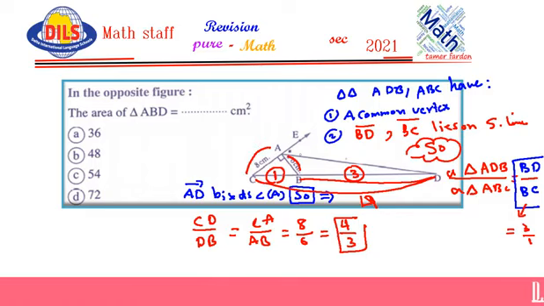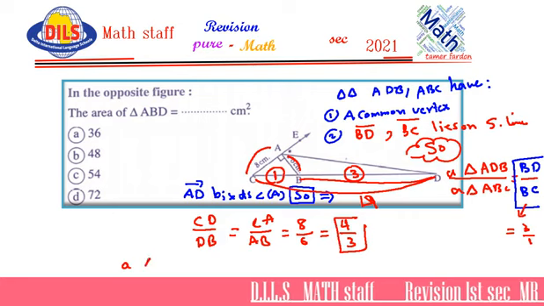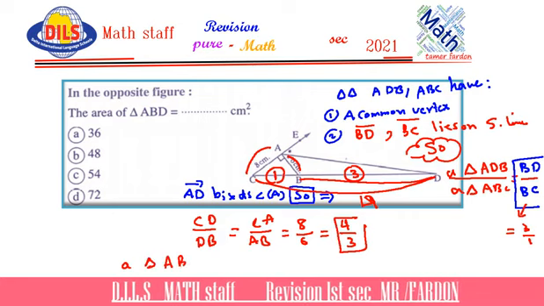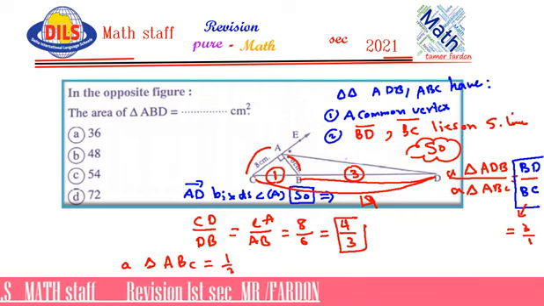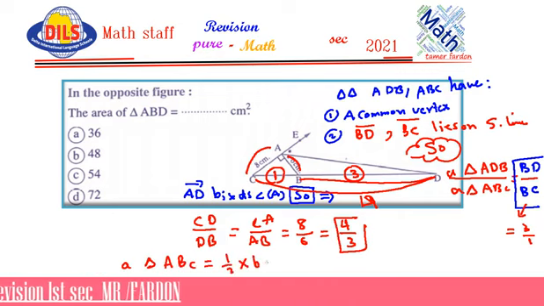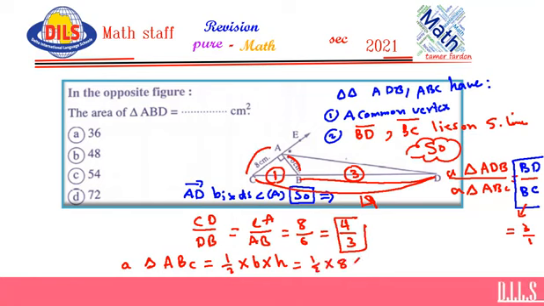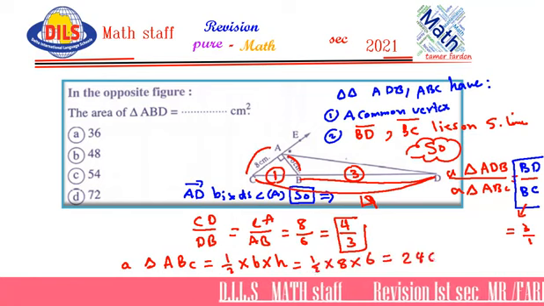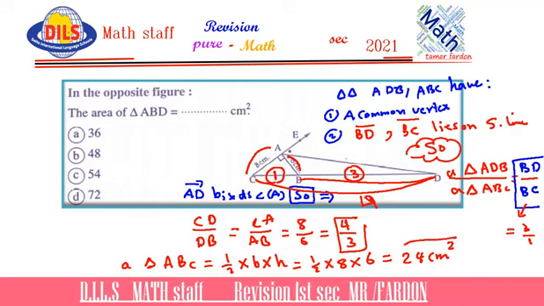We can find the area of triangle ABC: half times base times height equals half times 8 times 6, which equals 24 centimeter square.